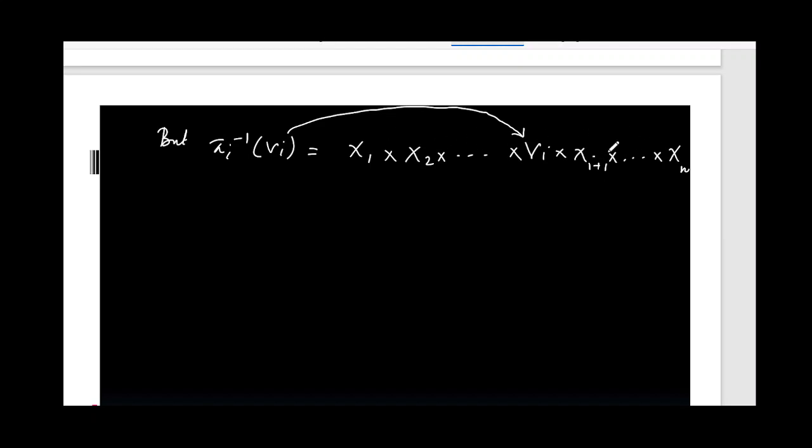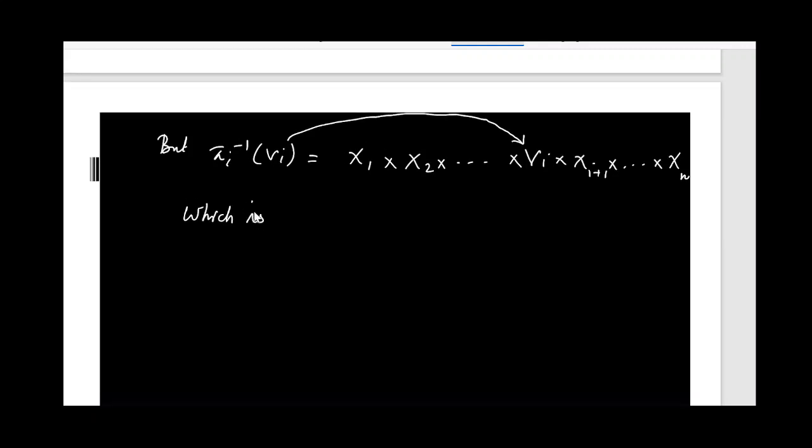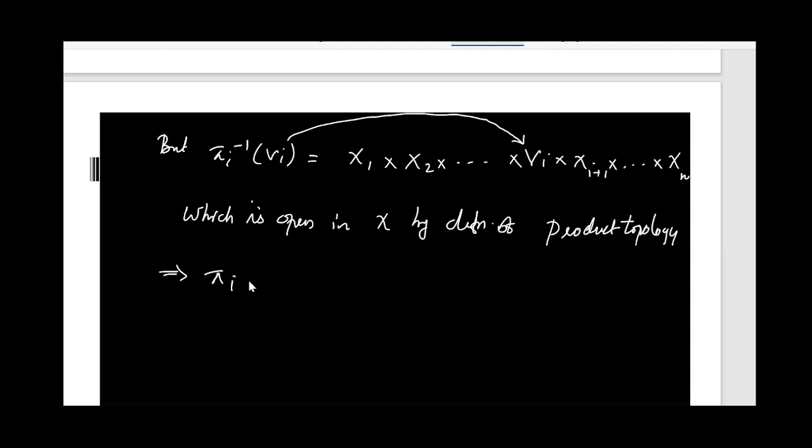So when I am having the product of this, according to the product topology definition, it is going to be an open set, which is open in X by definition of product topology, which implies my pi i is a continuous function, right?